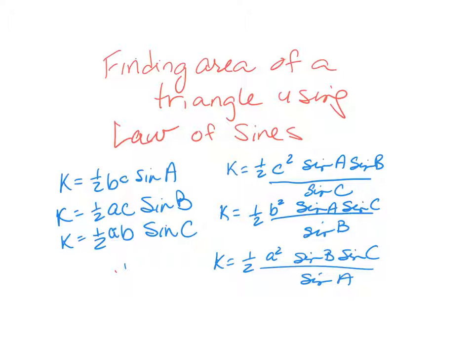So if they give you, let me just draw an ABC triangle, big A, big B, big C, little a, little b, little c. If they give you 2 sides, like c and a, and the included angle, the angle in the middle, then you use this first formula, and you find the one with a big B on it.